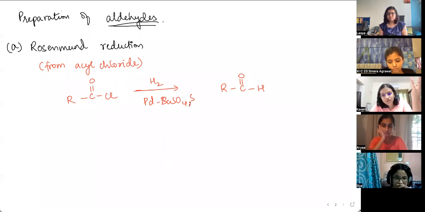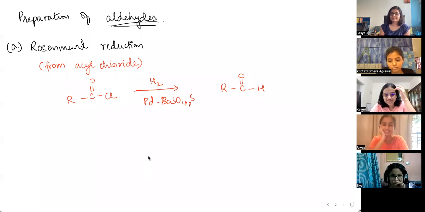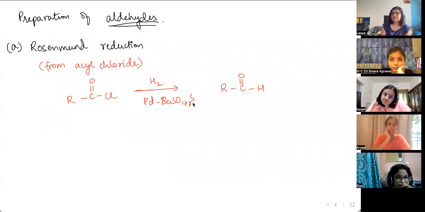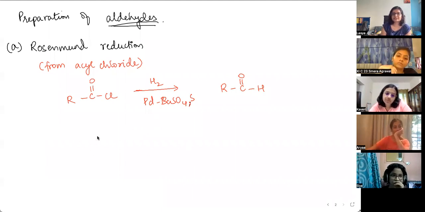Just sulfur, like atomic sulfur. Atomic, yeah, elemental. When metals are used as a catalyst, you use them in powdered form. So to that palladium powder, you add a little bit of barium sulfate powder and sulfur powder. That's a mixture of all these three things.